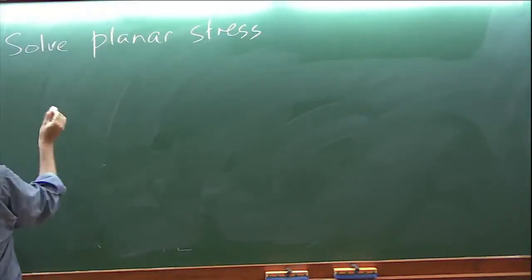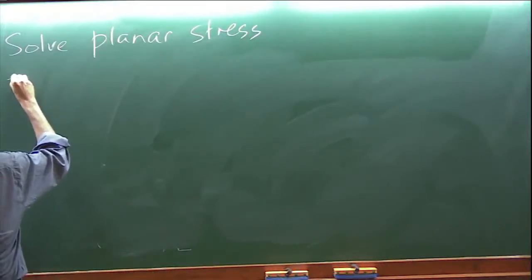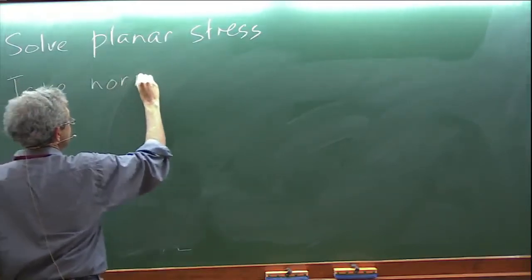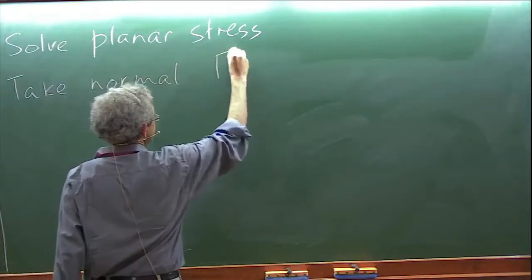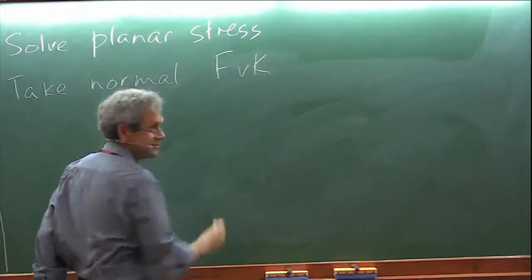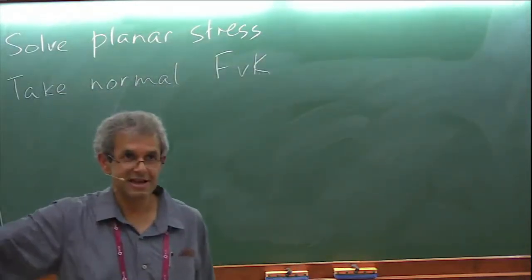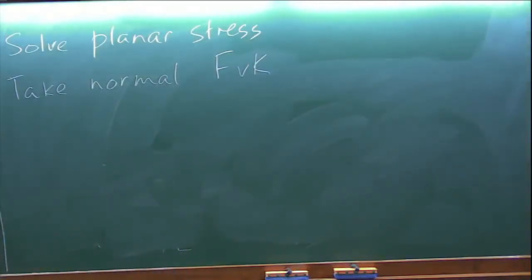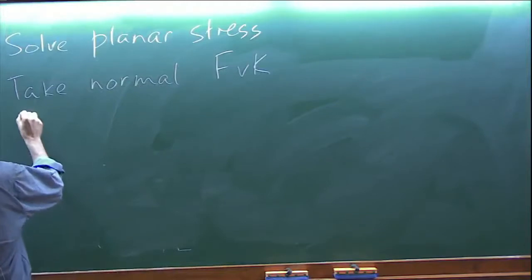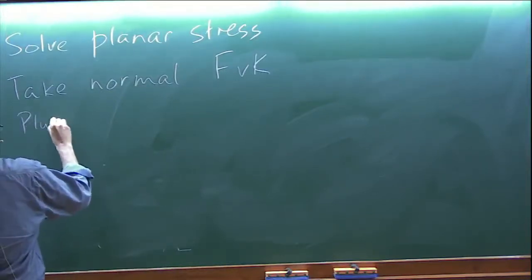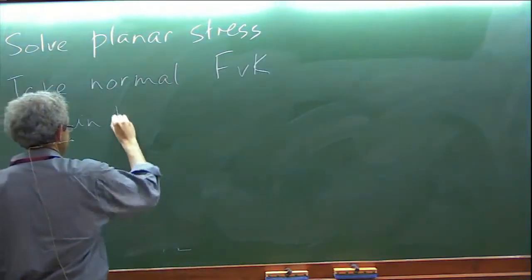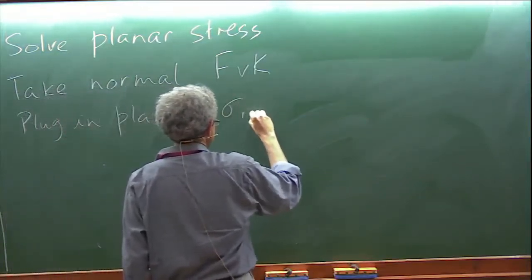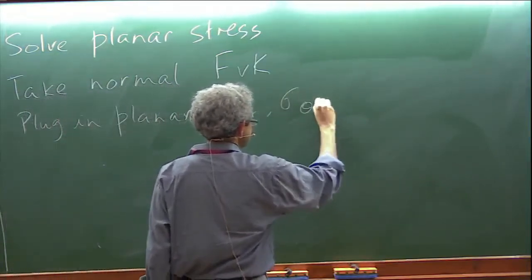So now go to, take the normal Föppl-von Kármán equation, the one with B times the fourth derivative of psi plus sigma times two derivatives things. Plug in planar sigma RR, sigma theta theta solutions.